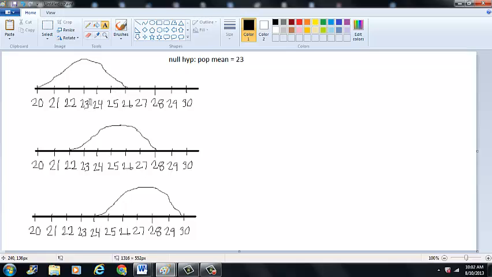So if the population mean really does equal 23, you're unlikely to get a sample with a mean far at the left end down here, or a sample with a mean far at the right end up here.